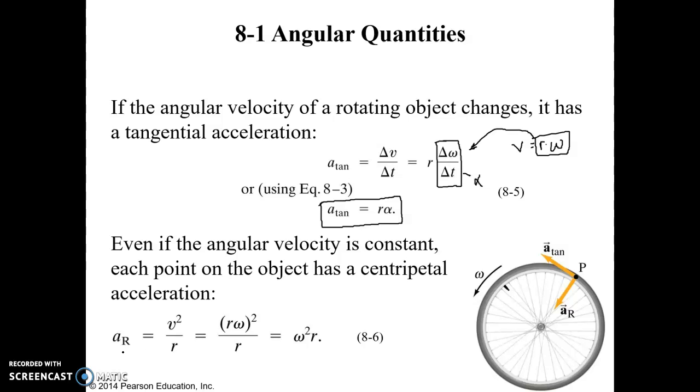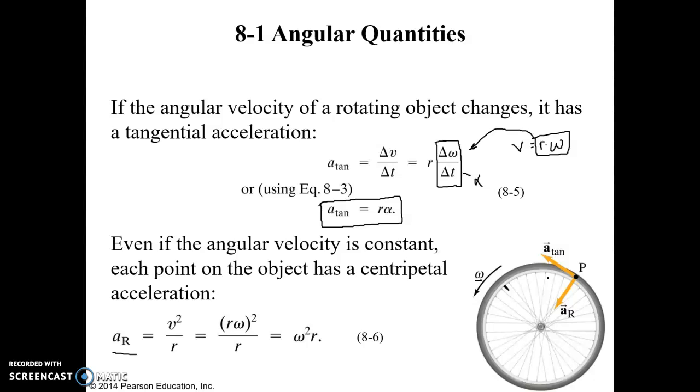And as I just mentioned, the other kind of acceleration that we use an a to describe is the centripetal acceleration, which we give a subscript of r. Centripetal acceleration is what happens when the object is rotating around this circle. And even if it's rotating with a constant angular velocity, omega, it's still changing direction.